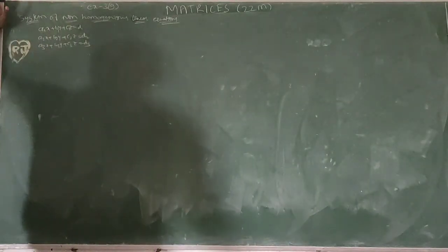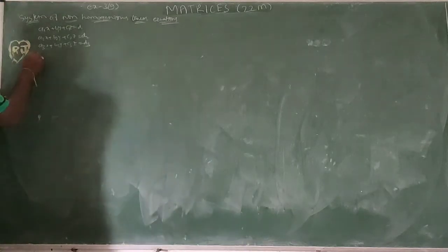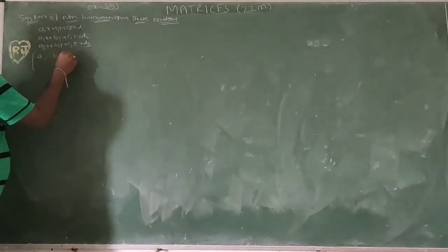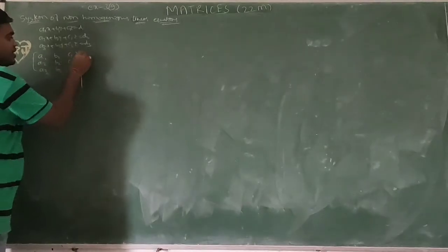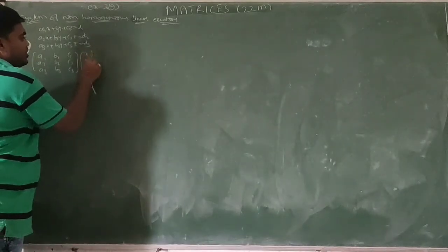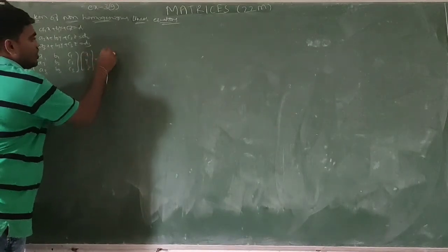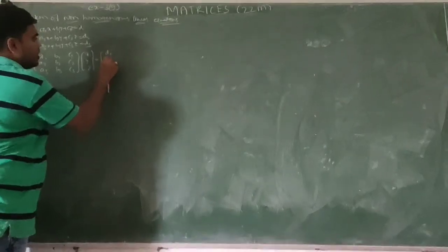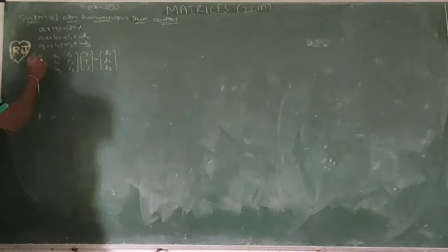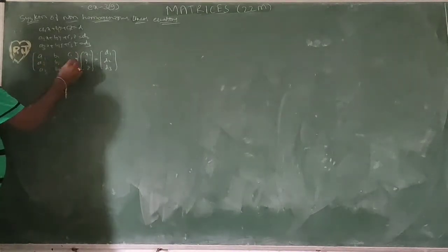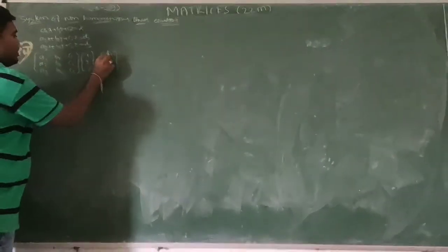I want to write this one in the form of matrices. So coefficients a1, b1, c1, a2, b2, c2, a3, b3, c3, times x, y, z equal to d1, d2, d3. If we read the first row with this column, a1x plus b1y plus c1z equal to d1.